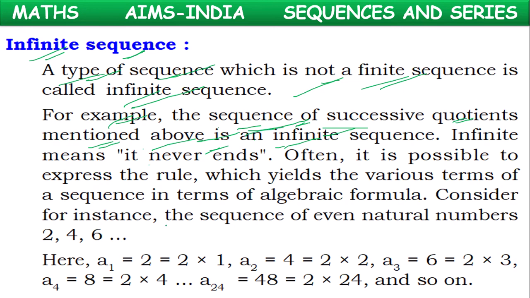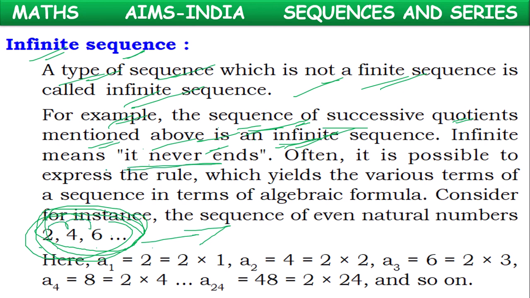So the sequence, suppose you take this sequence 2, 4, 6. This is an infinite sequence because in this group of numbers we have 2, 4, 6 and so on. Here we have some dots, meaning the relation between the numbers continues forever. It never ends.